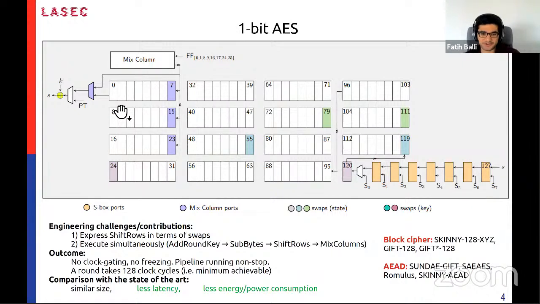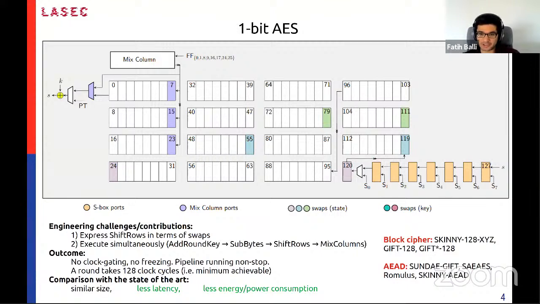The main difference between previous work and what we do is that in the previous work, there is a very sequential execution of the layers of a round. In the case of AES, you have the addition of the key, the S-boxes, followed by the ShiftRows, followed by the MixColumns, organized in a way that you first have to finish the addition of the key and the S-box, and only then execute the ShiftRows.